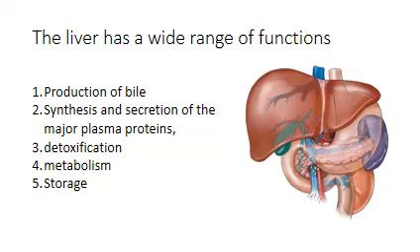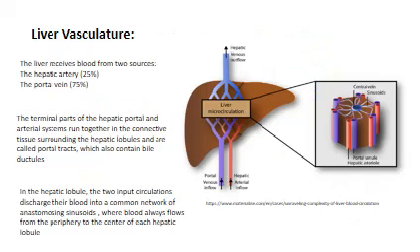and other minerals. To have a much better understanding of the histology of the liver, we will start with the vasculature of the liver. We should know much about the vasculature of the liver.